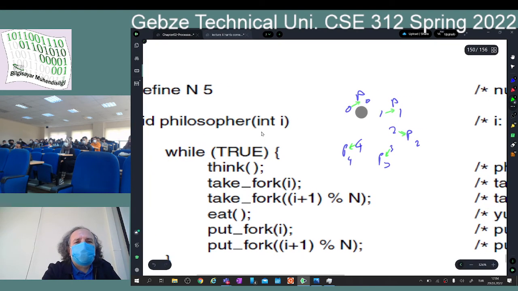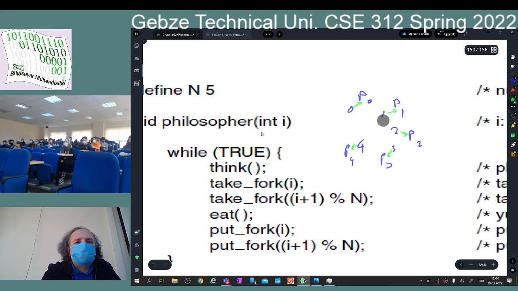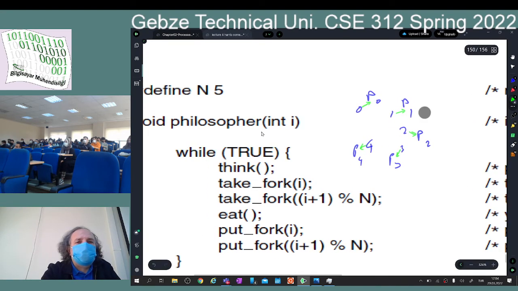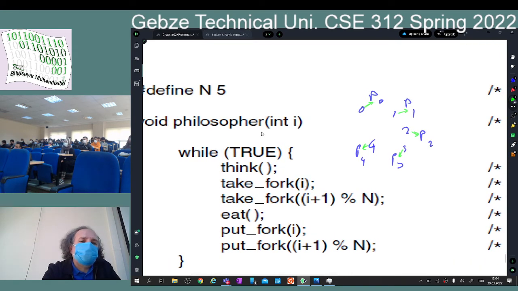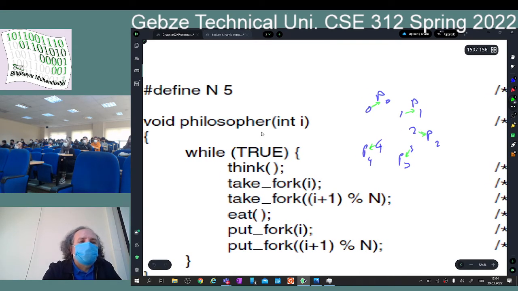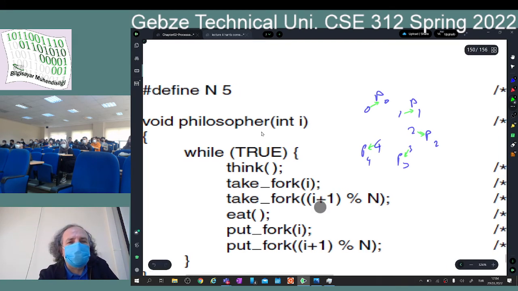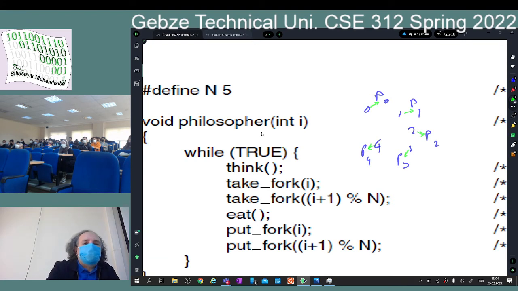So P0 needs fork number 1, but it is already taken by P1. It is blocked. P2 took 2, but it needs 3, but it is taken. And it will go that way. And P4 took fork number 4, and it needs 0, but it's taken. So all of them are blocked at this position.